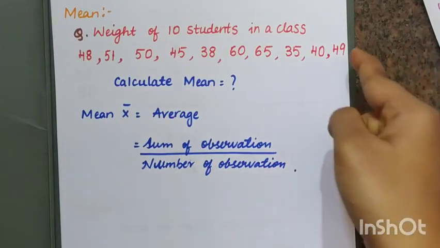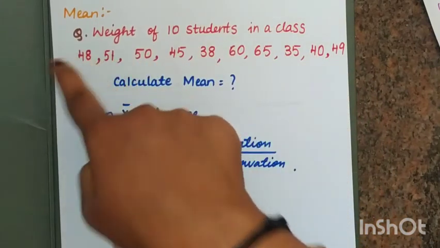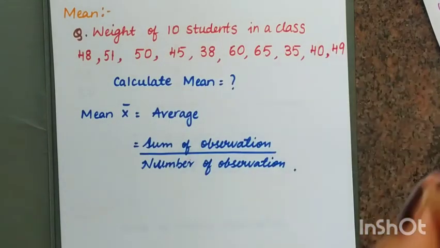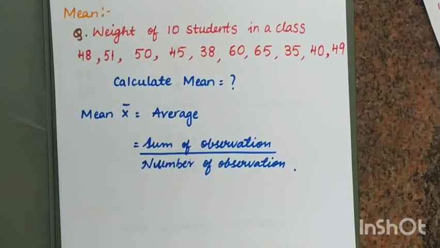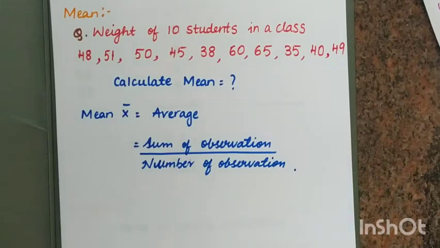How many values are there here? 1, 2, 3, 4, 5, 6, 7, 8, 9 and 10. There are 10 values. So we add all these values and divide by 10. Mean is actually the average also. You can call it average also.